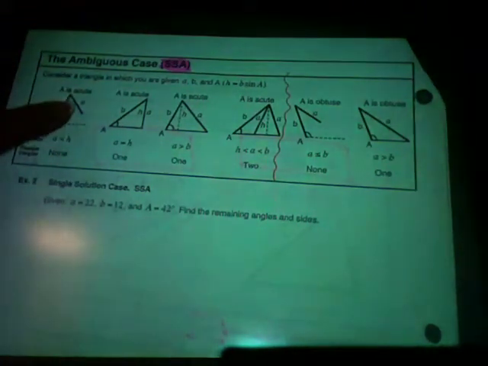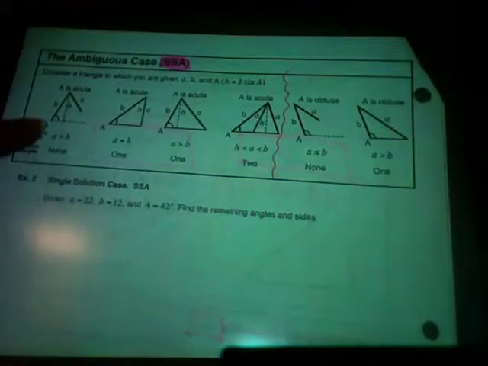No. So one of the important facts is to know whether a, the length of the side across from angle A, is less than the altitude of that triangle. If you notice that right away, then your answer is there's no solution. It's not possible.